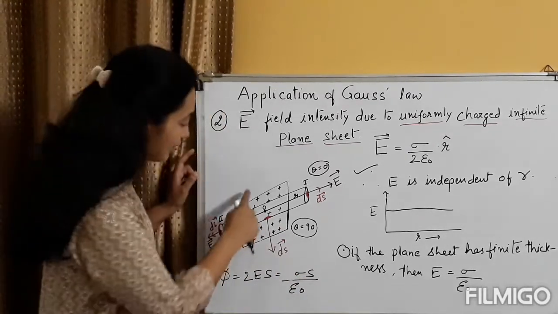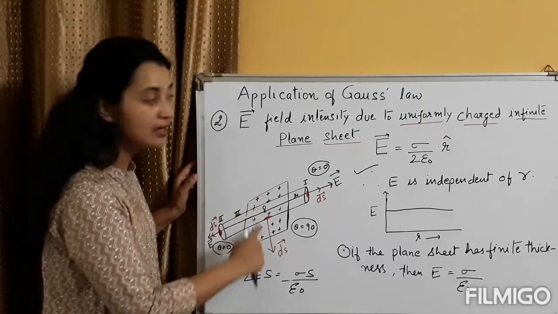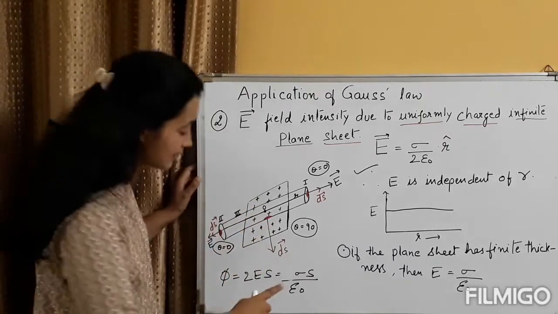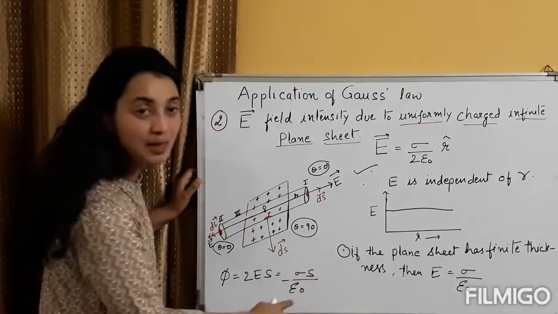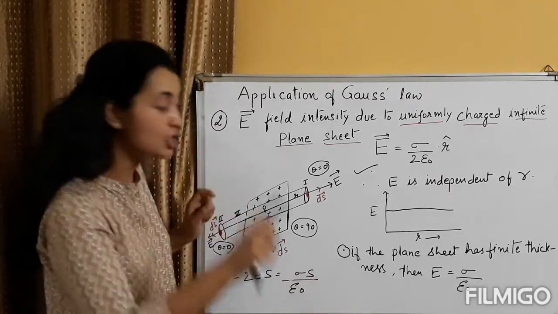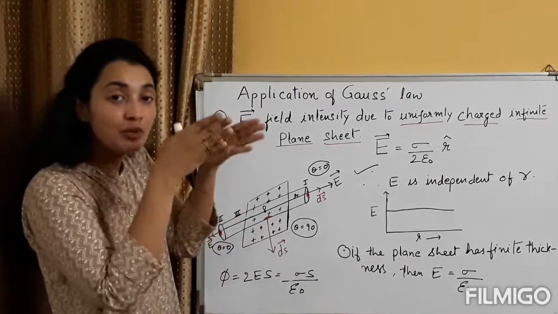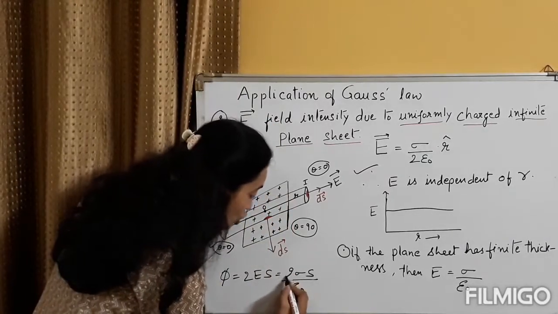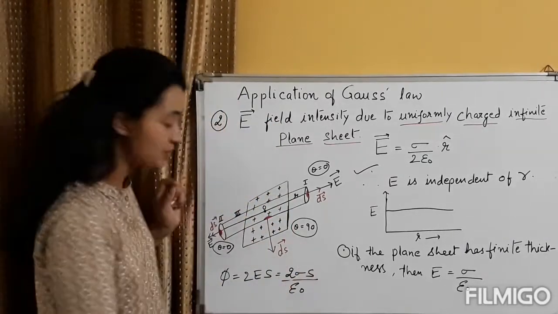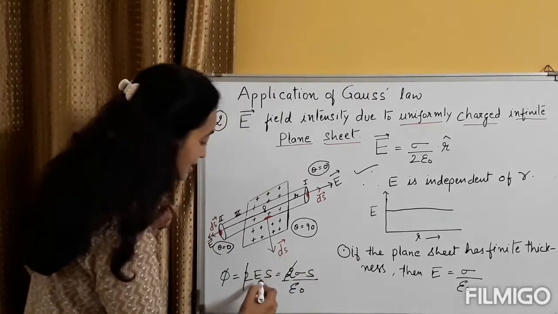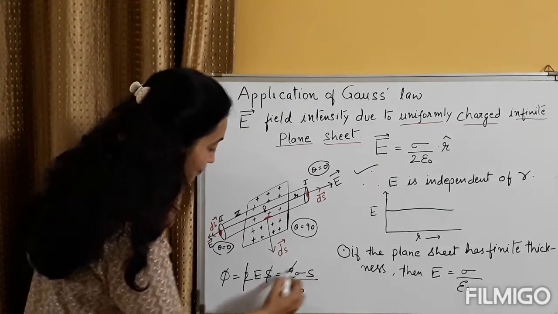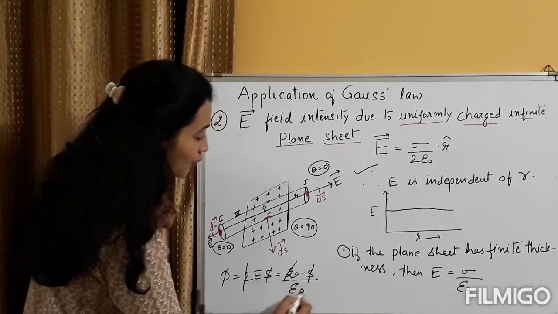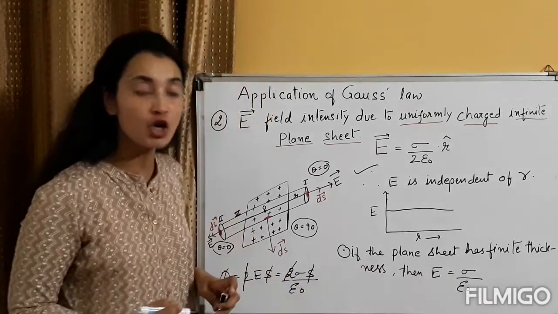So if it is an infinitely thin, single-sided sheet, it will be sigma s upon epsilon naught. But if it is a sheet of finite thickness, then it will have charges on both the sides which have to be taken into account. There it becomes 2 times sigma s upon epsilon naught, and this 2 gets cancelled, and the result is obvious. E is equal to sigma upon epsilon naught.